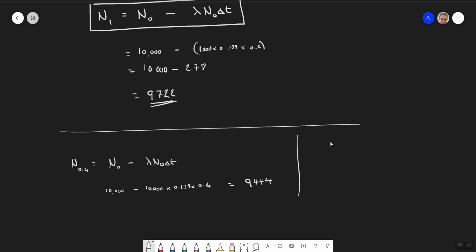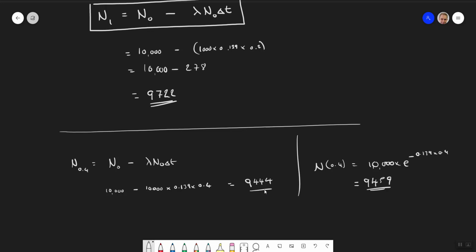Now, what do we get if we do the exponential version? N at 0.4 is equal to 10,000 times e to the minus 0.139 times 0.4, and we get 9459.